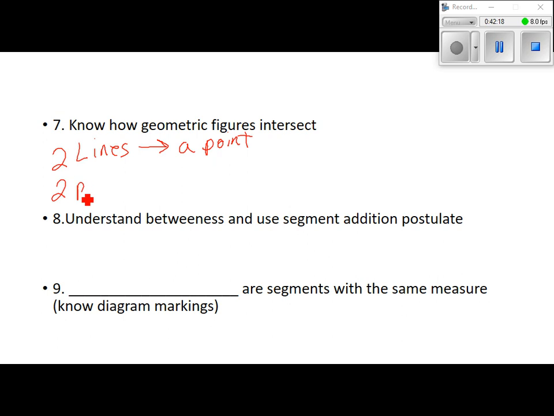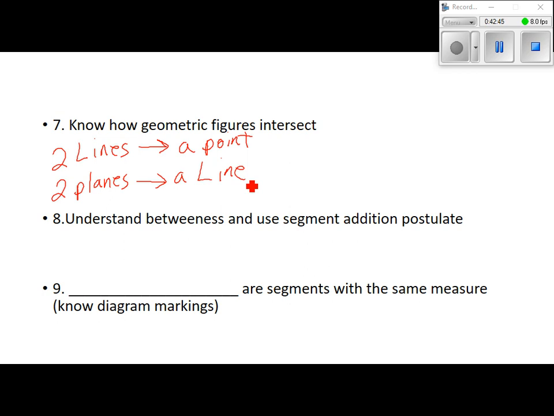How about 2 planes? How do they intersect? At a line. Name me 2 planes in the room that we could show this with. The ceiling and the wall, I heard. They intersect at that metal strip right there, and we consider that metal strip a what? A line.